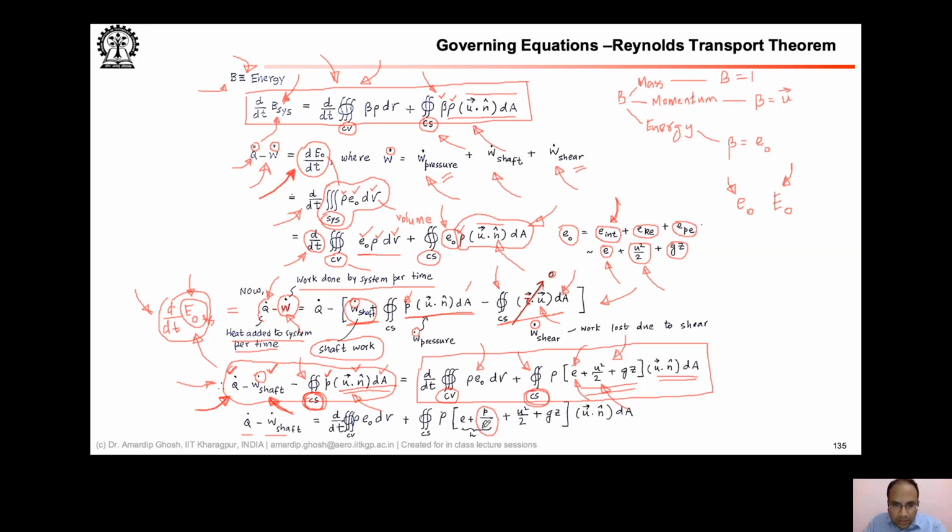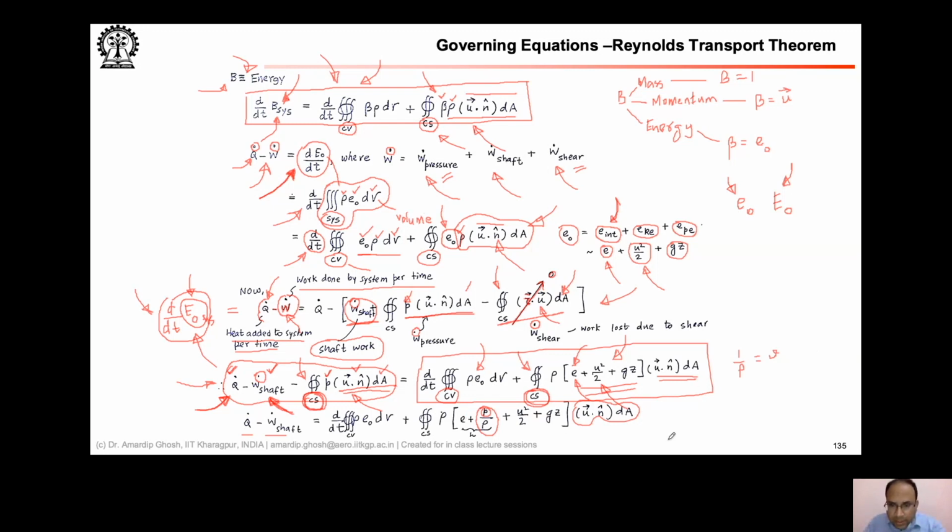So now I have brought pressure work on the right hand side, and I have got E plus P by rho, because my rho cancels out, and then I have the P times this thing that came from the left hand side. Now this 1 by rho, if you remember, at some point we had talked about specific volume.